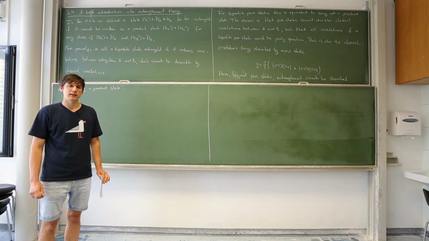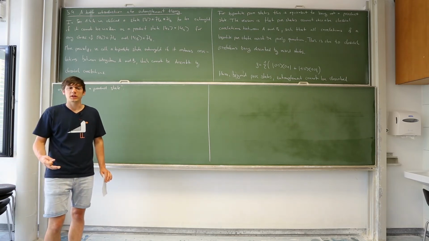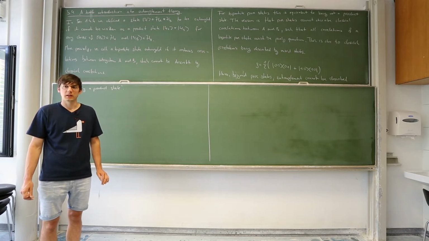Then we ask which operations we can do on this product state such that no entanglement is generated. With this, we figure out how states must look which are not entangled. Those states, we will see in a bit, we call separable.